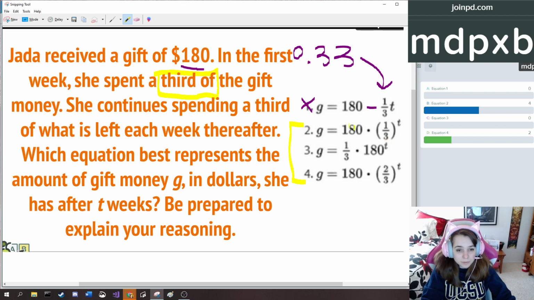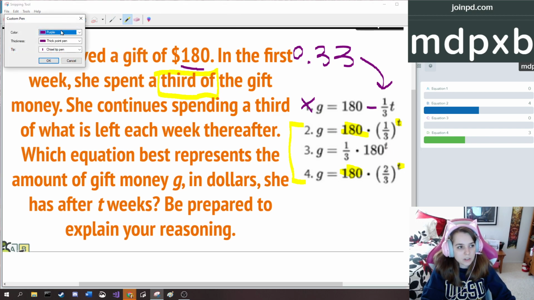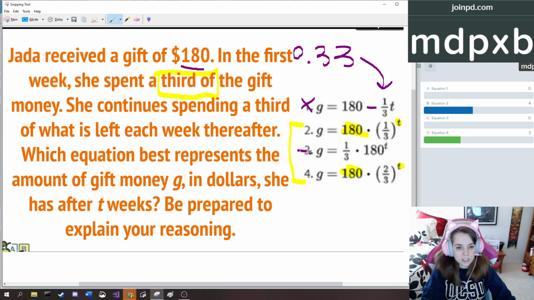You did a good job realizing that our initial value is the number that does not have a variable, so nobody picked equation 3. Now we have 4 on equation 2 and 3 for equation 4. Which of these 2 is going to be correct?